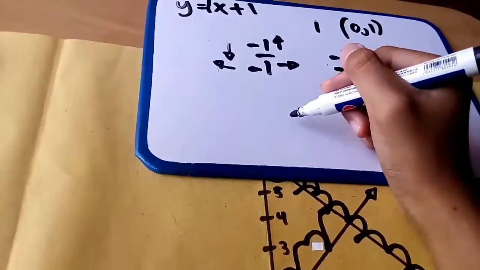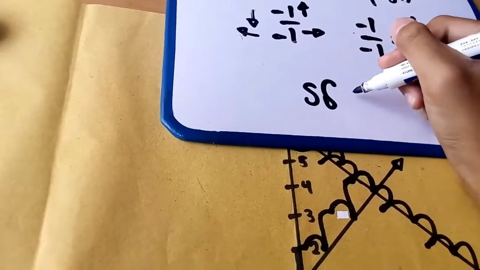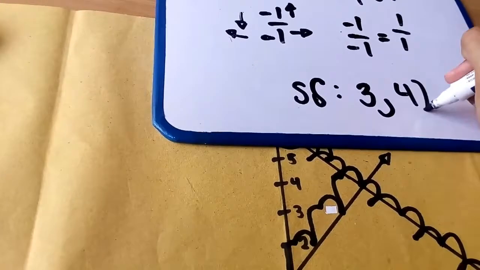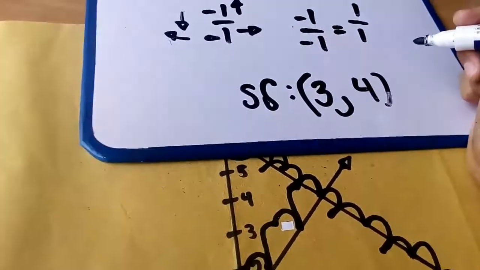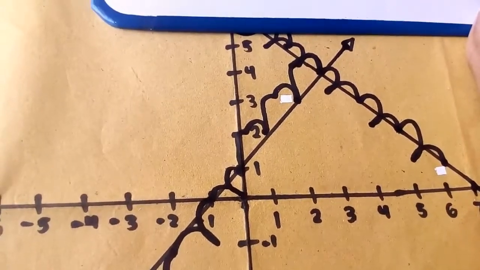So, the solution for the system is 3, 4. You can try to solve it if you want, but when you already have a graph, it's alright.